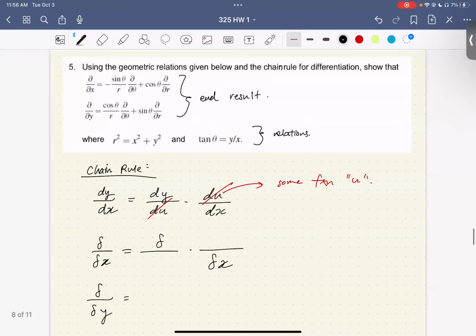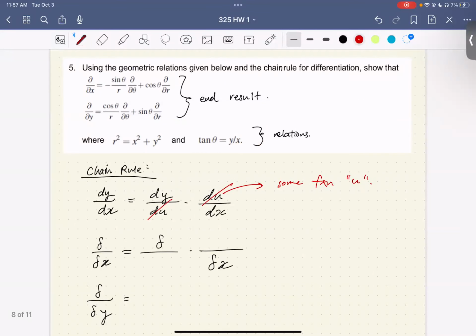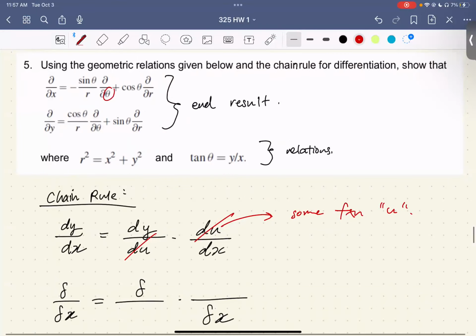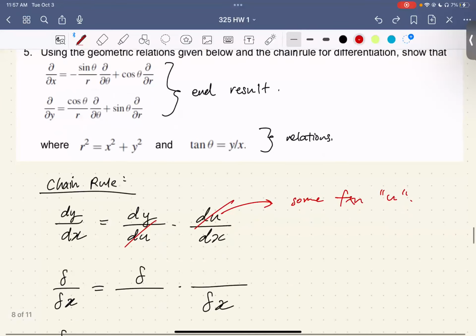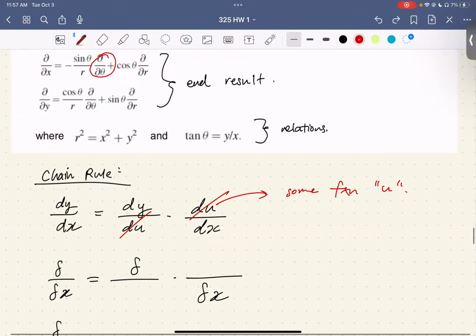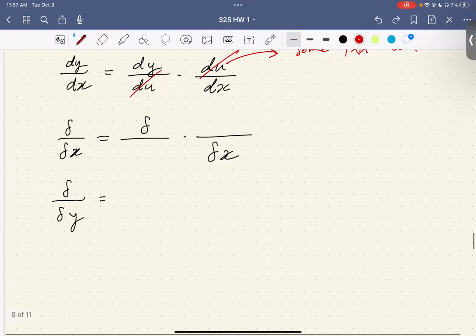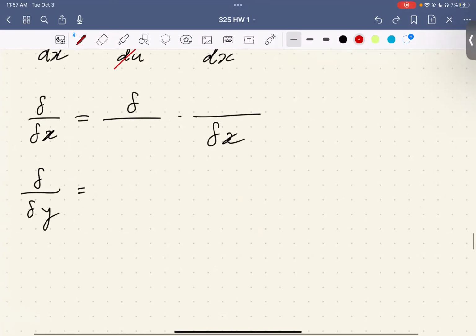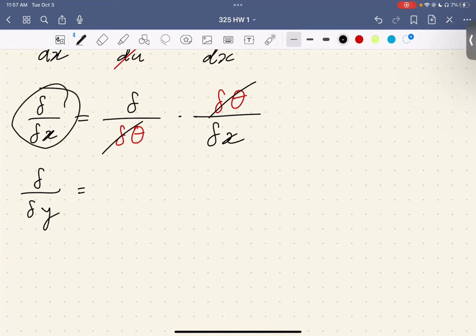Well, it looks like we can see clearly from just the answer, we're doing it with respect to theta and with respect to r. So for that to be in our expression, we need to have a theta, and likewise, we need a d theta up here as well so that it can cancel out and result in d dx.